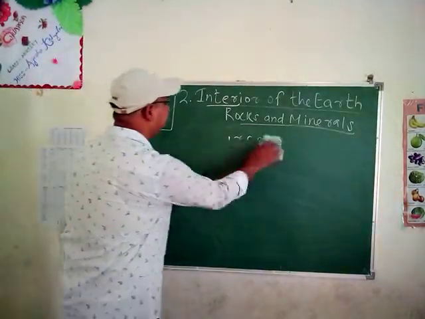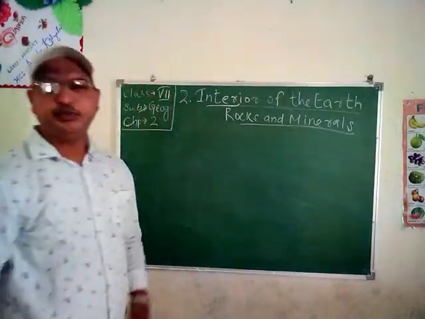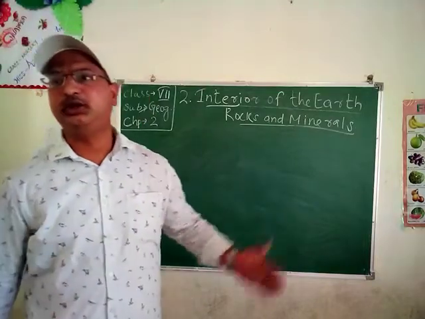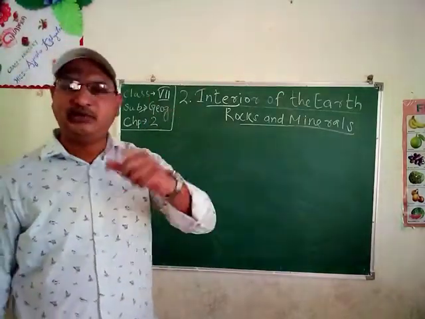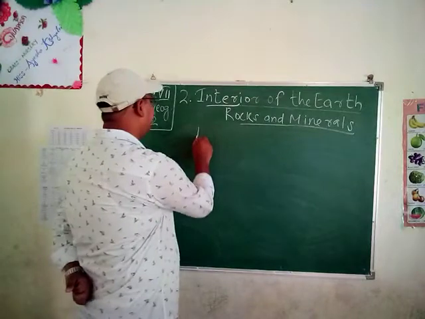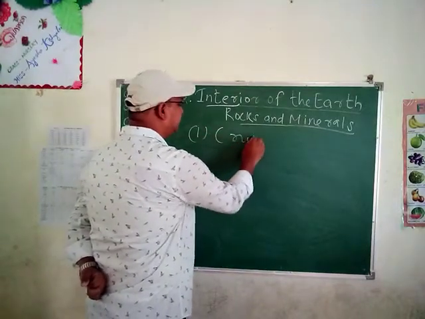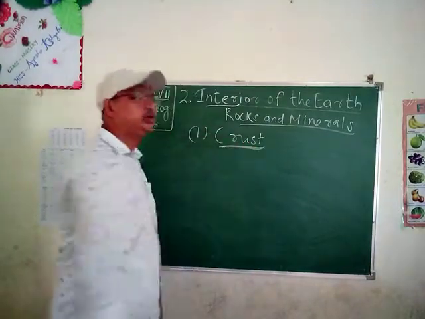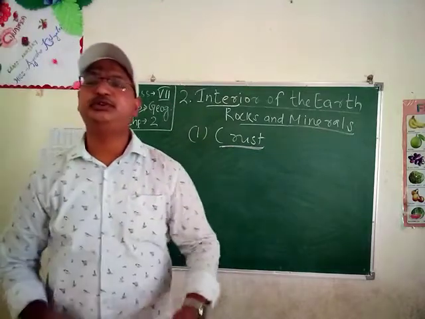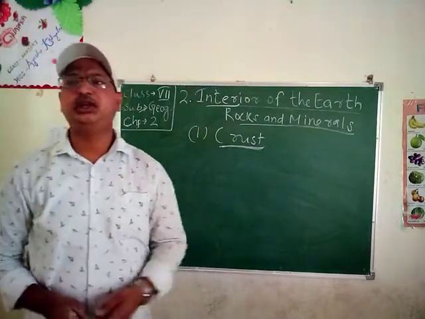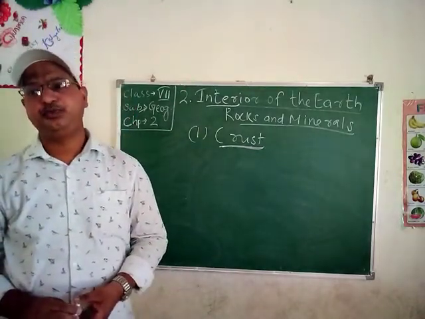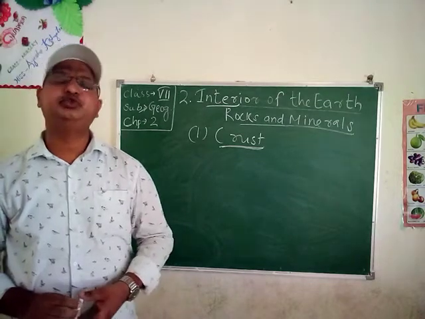Students, these were some of the sources, but now we will go further in detail about Earth's interior. The first one, as I have told you, is the crust. Earth's interior, on the basis of density and different physical and chemical properties of the material, is roughly divided into three concentric layers.